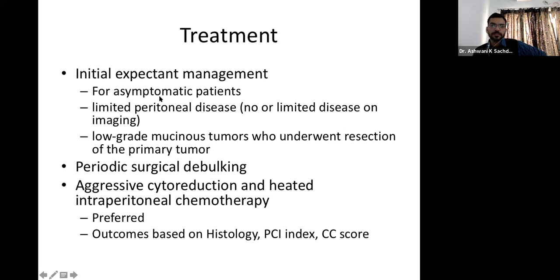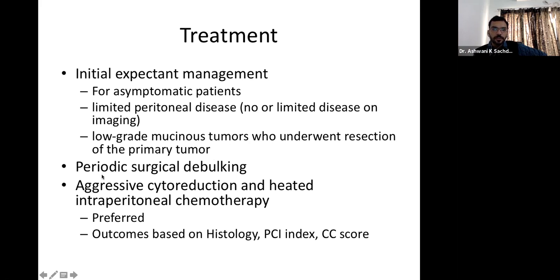For management, treatment can be initial expectant management, that is observation, for asymptomatic patients with limited peritoneal disease, no or limited disease on imaging, and low grade mucinous neoplasms who underwent resection of the primary tumor. So if there is a very small tumor deposit and that too is very low grade, it can be followed up and observed.